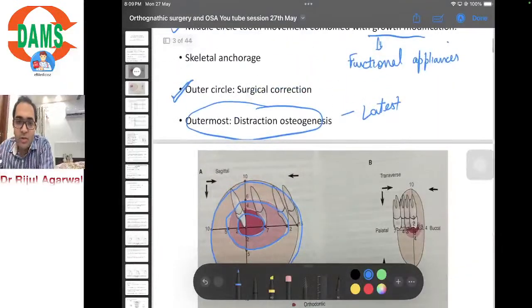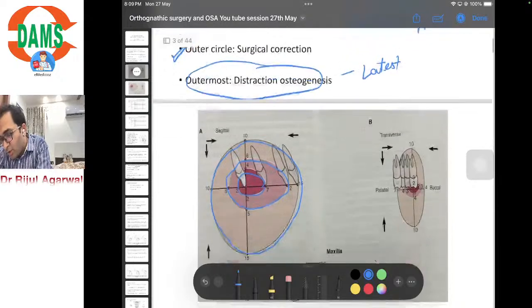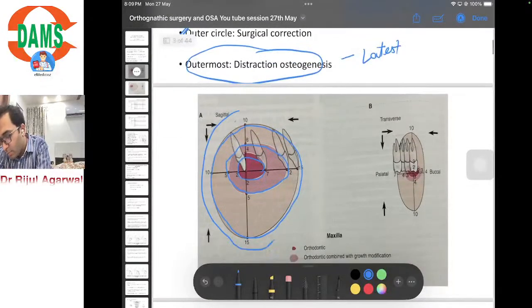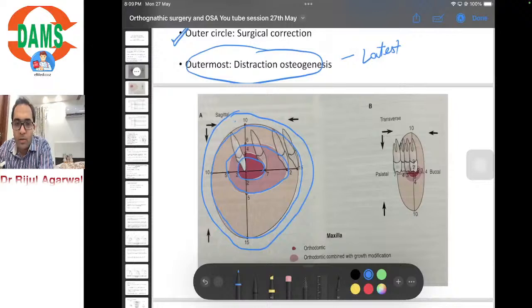Now the latest, newest concept comes: the outermost circle, the circle which is beyond these three. It is not represented in the diagram, I have drawn it myself. This outermost circle represents the movements which can be carried out via distraction osteogenesis.